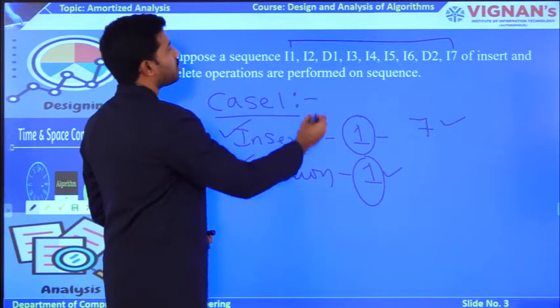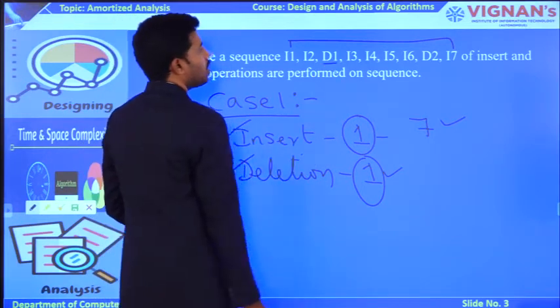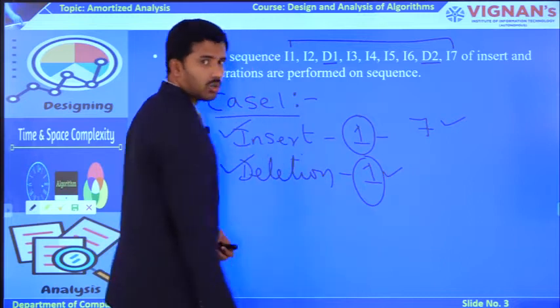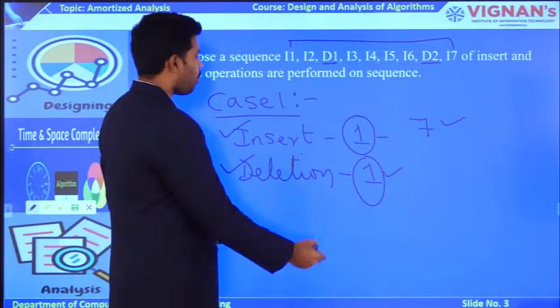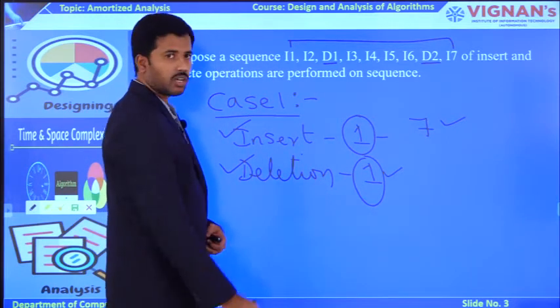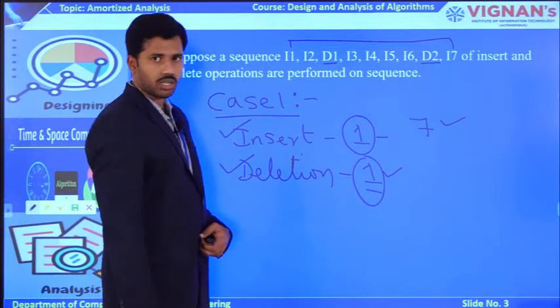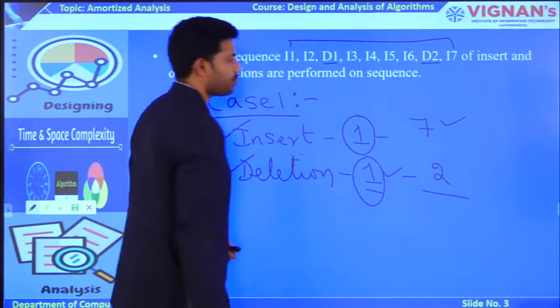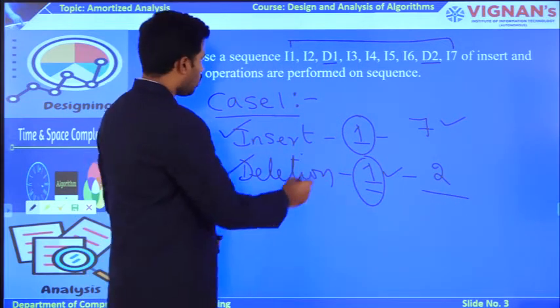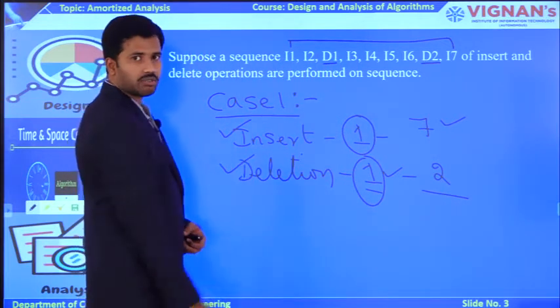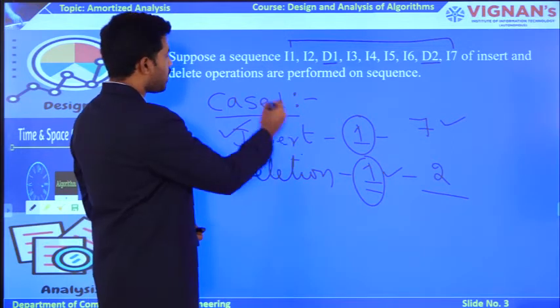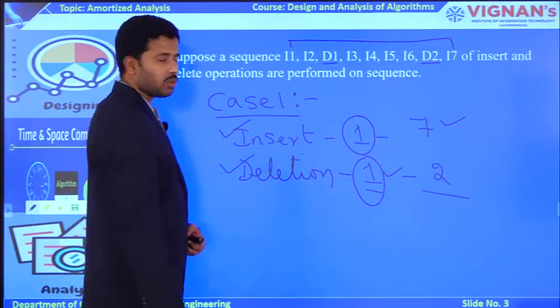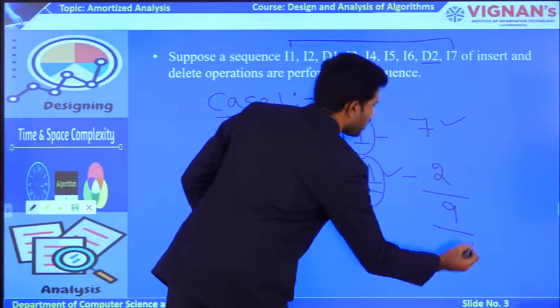How many deletion operations are available? 2, and each deletion takes 1 actual cost, so the total cost for the 2 deletions is 2. The total time complexity of this algorithm to perform 7 insertions as well as 2 deletion operations is 9.